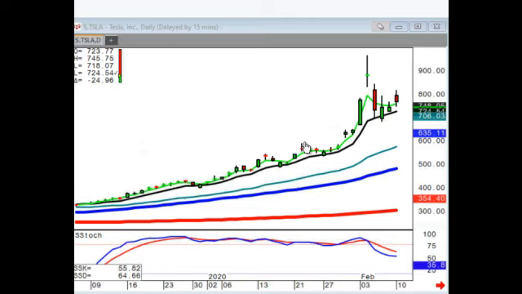If you're in a piercing signal and it opens lower, you don't want to pay attention to it until it starts trading back up above the close of the piercing signal. Because until it does, the bulls aren't in control.